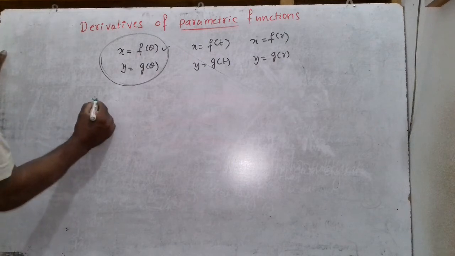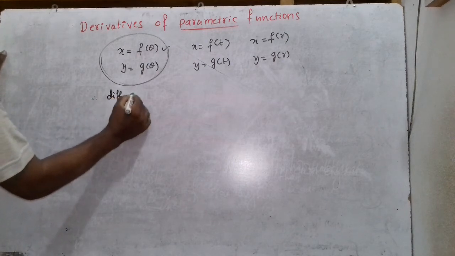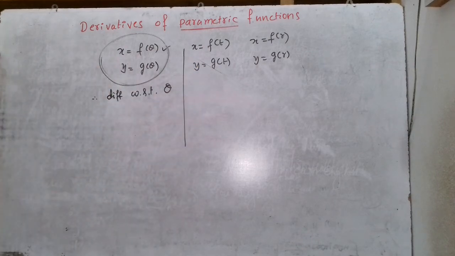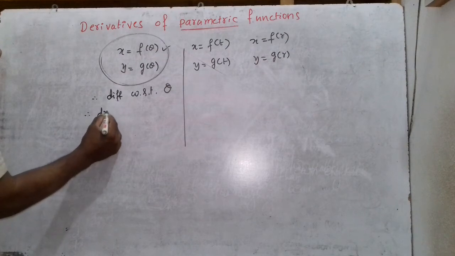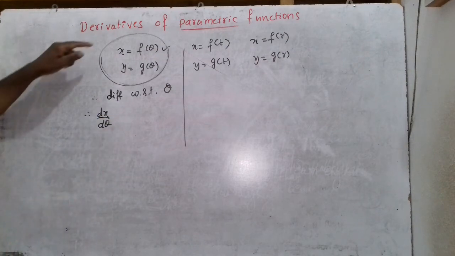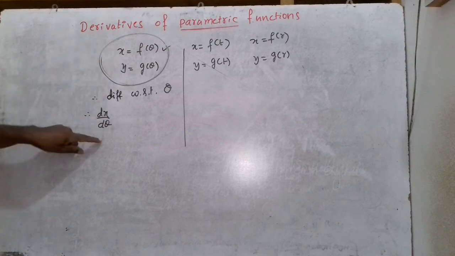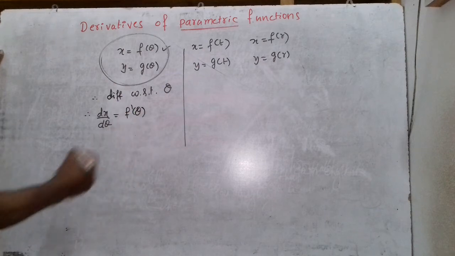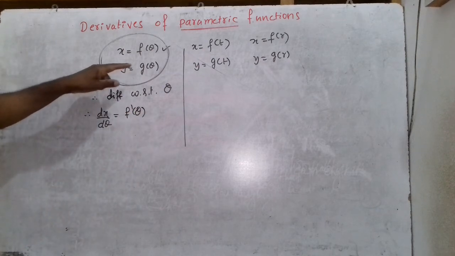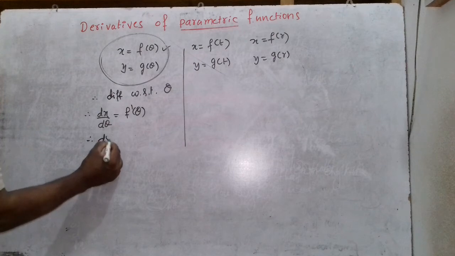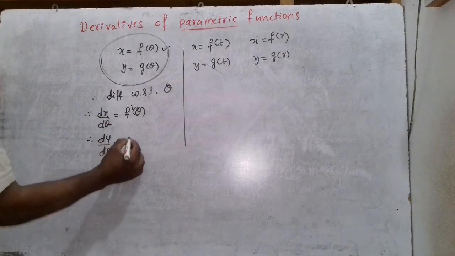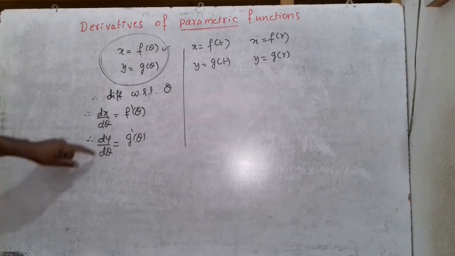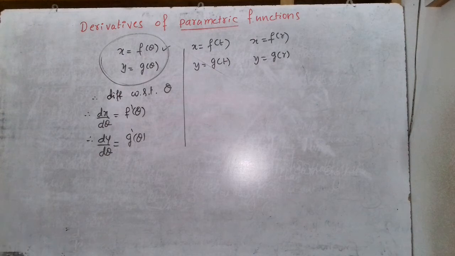The derivative of x with respect to theta, dx by d theta, becomes f dash theta. And the derivative of y with respect to theta, dy by d theta, equals g dash theta.